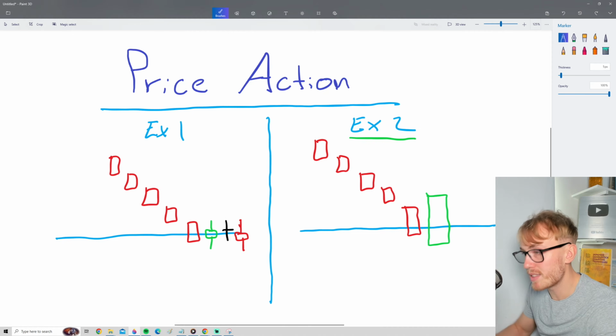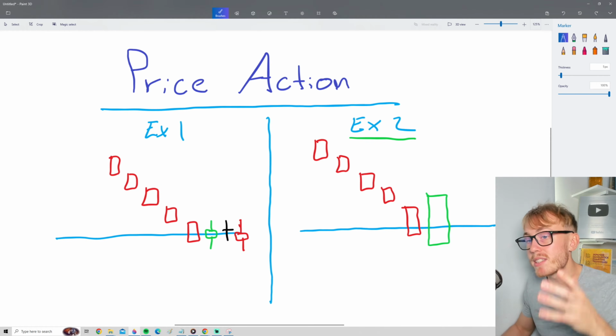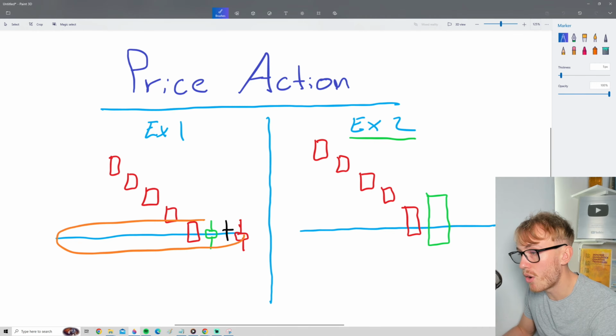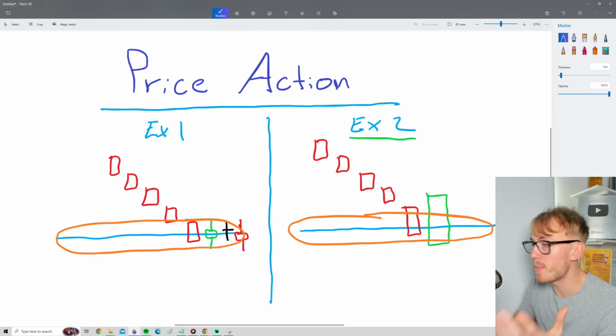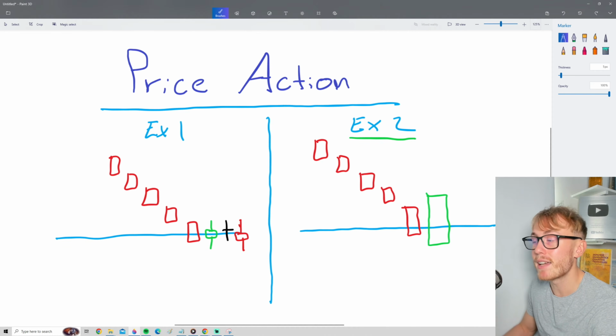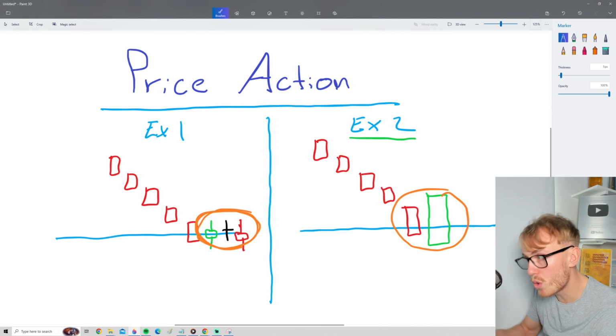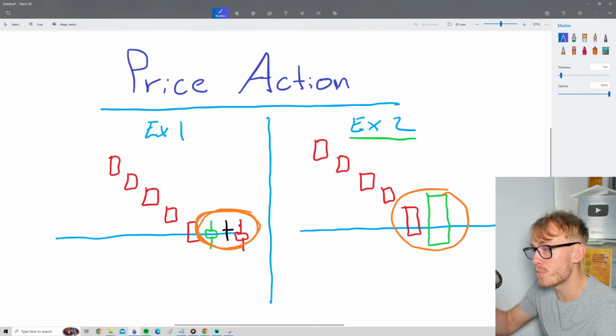So the difference between these two examples is that for both examples we have the same market structure, and the market structure in this case is that the support here is on the exact same level. You can imagine that both of these are from the exact same charts, but we can see that in the price action, so how the price is reacting right now, in example 1 we had lots of hesitation, while in example 2 we had a strong reaction from the support level.